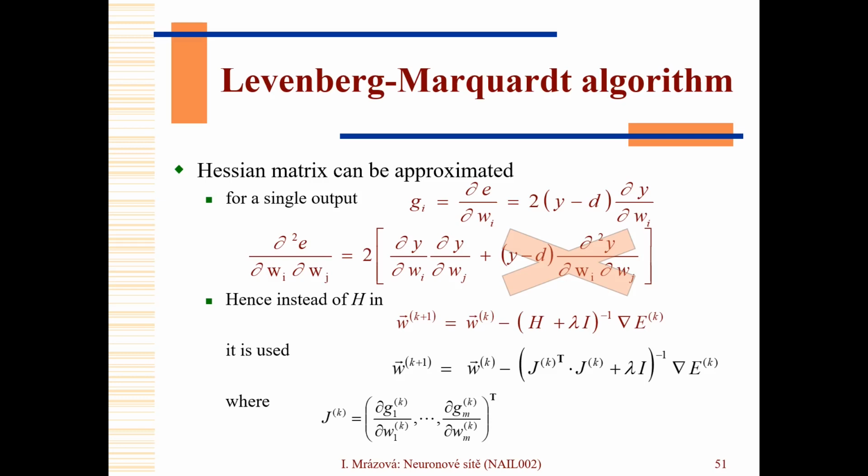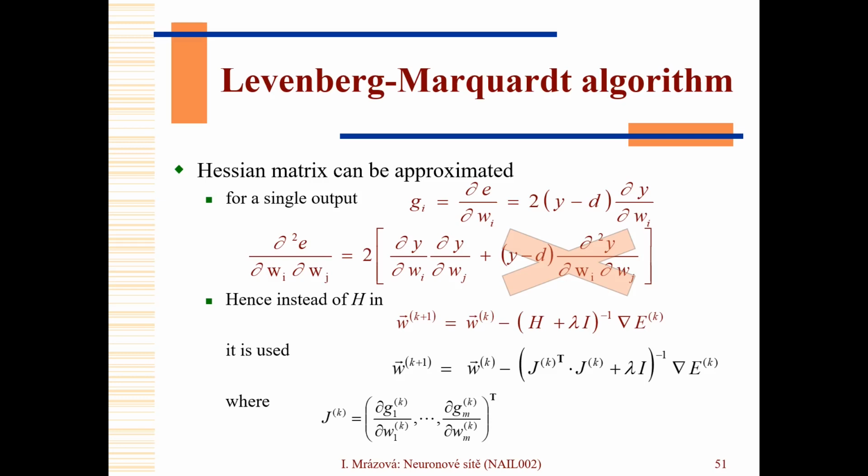So the new weight at iteration k plus 1 will correspond to the weights from the previous iteration, wk, minus now the term corresponding to the inverse of H, or its approximation, plus lambda I, multiplied by the gradient of the error function, capital E, at iteration k.